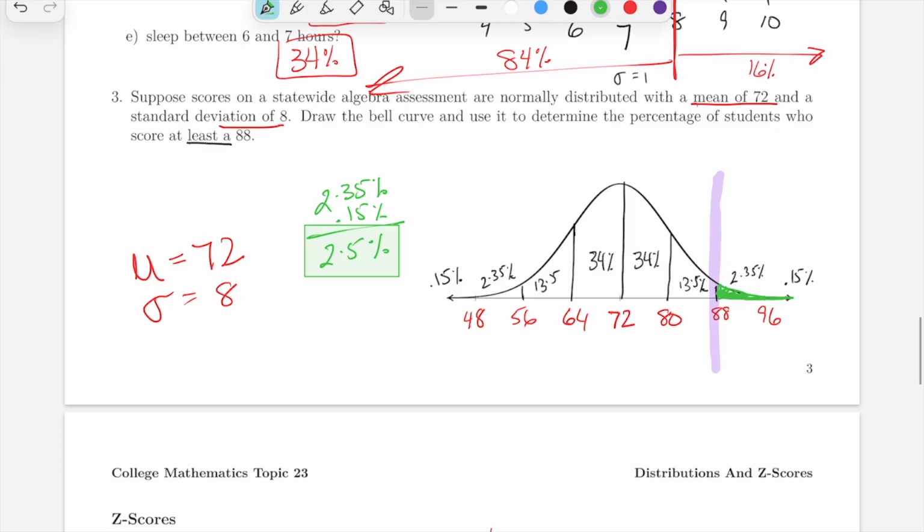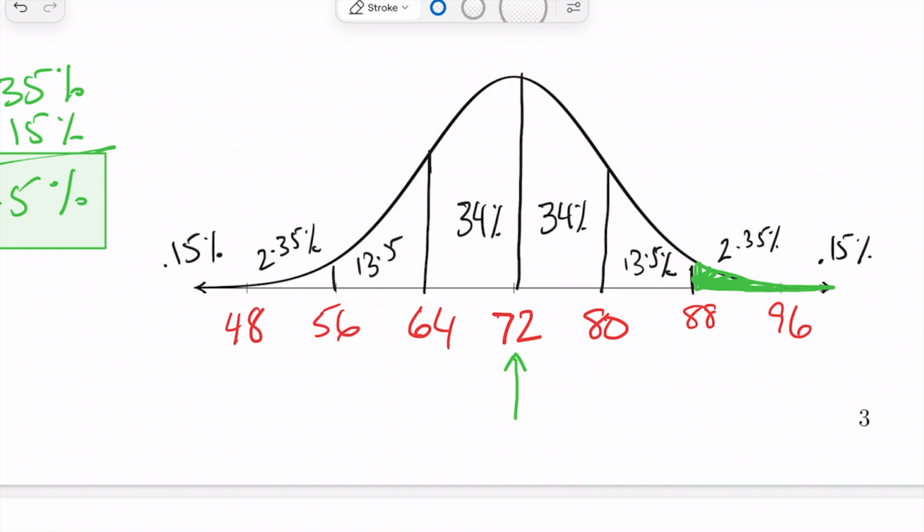We said that students scored an average of a 72 on this exam. And if we look at our standard deviations and we go 1 standard deviation above the mean, well, 1 standard deviation is right here. Right? There's 1 standard deviation.